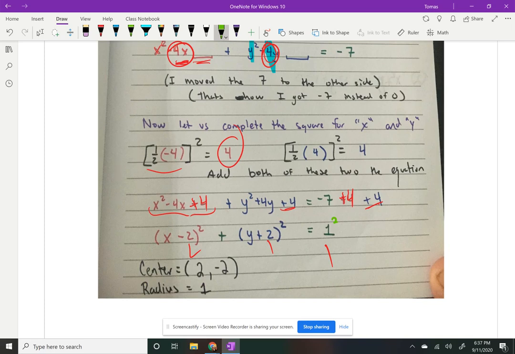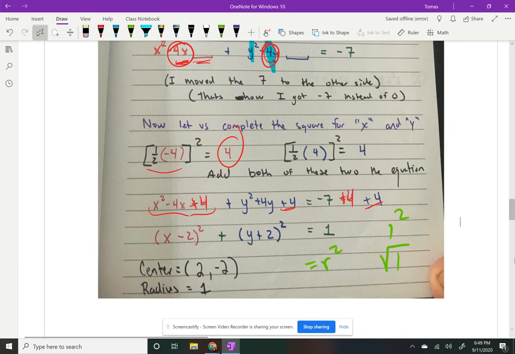So, wait, that brings me to a question. So, right here we added, right? So we had 1, but we always have our form like this. We always have it in, I guess, r squared form, right? So if it's just 1 by itself, would it be 1 squared or would it be square root of 1?